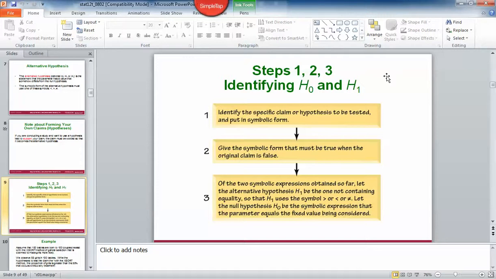Then you need to write down what I like to call the opposite of that. So if you're given a claim that a proportion equals 0.5, the opposite of that would be the proportion is not equal to 0.5. Once you have those two down, the one that has equality is going to be your null hypothesis. The one that does not have equality is going to be your alternate hypothesis.